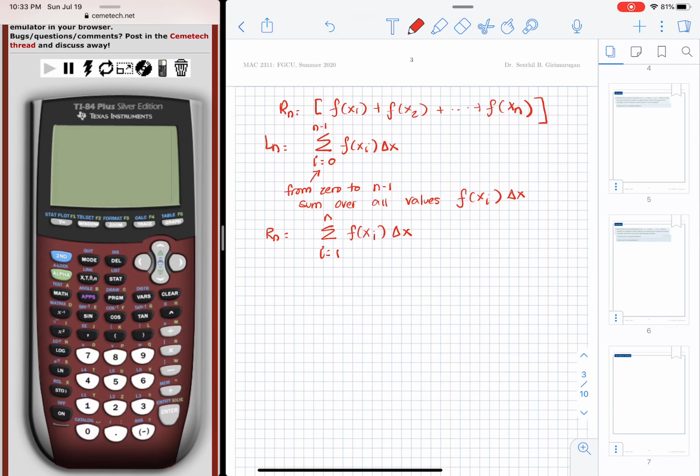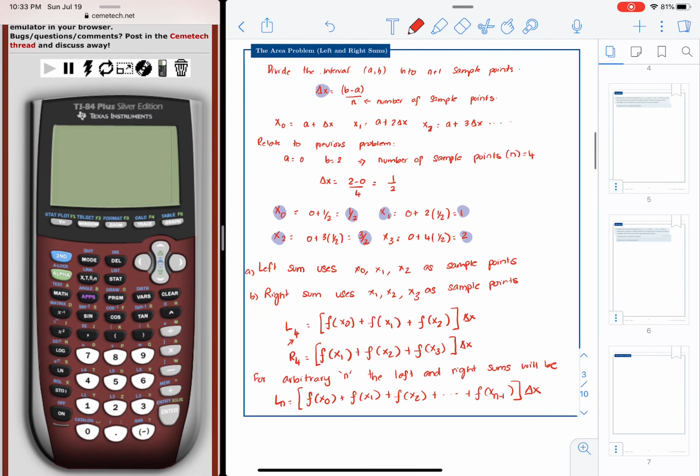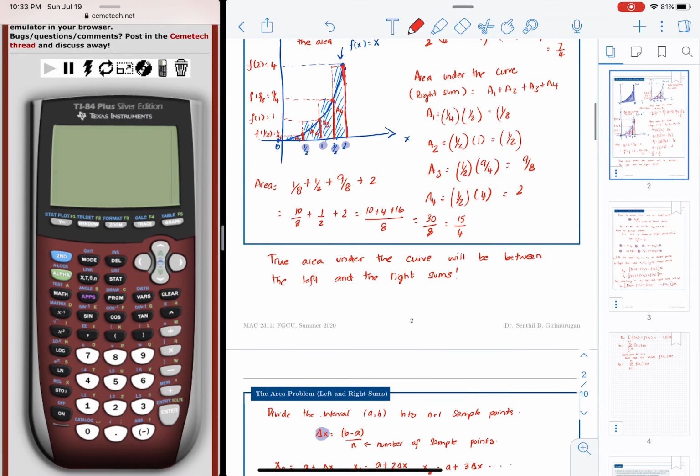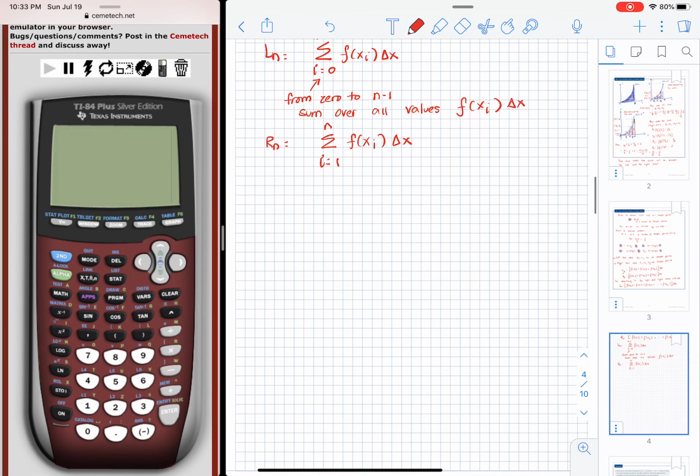Now, what do you think would happen if we increased the number of sample points? The more sample points we have, the more rectangles we're going to have. So more sample points implies more approximating rectangles, and that is going to give a better estimate for the area.